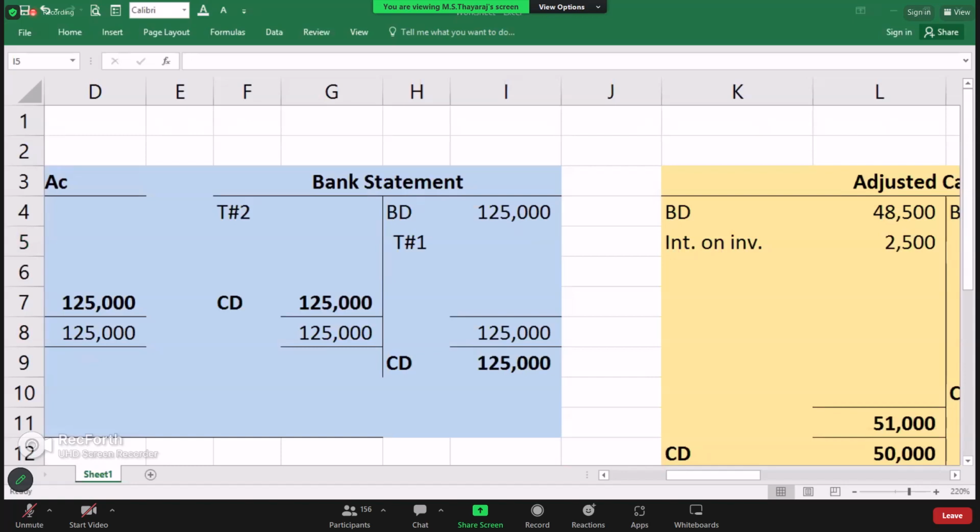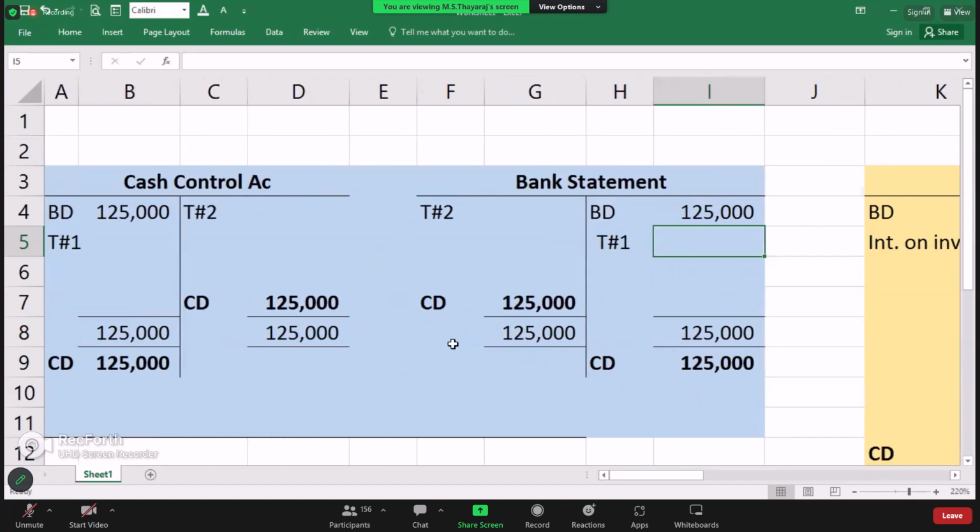SMS Limited, a customer paid to the bank directly 3,000. So it is a direct deposit. It is a credit amount in the bank statement, 3,000, but there is no other information in the cash control account. When they make a direct deposit, our bank statement balance will be increased.